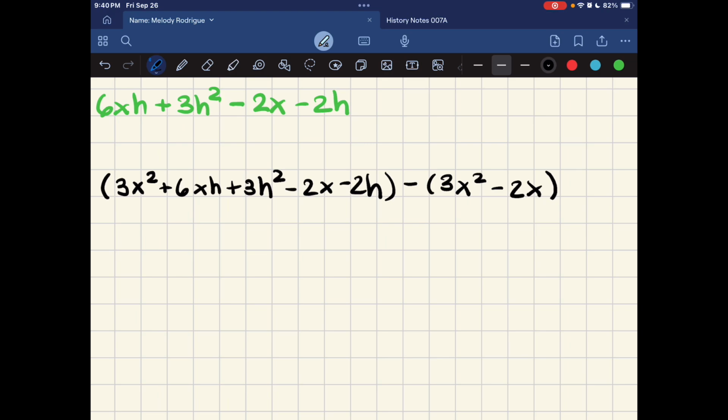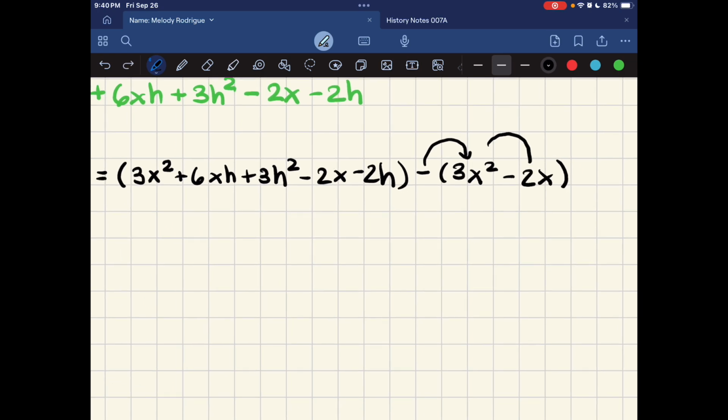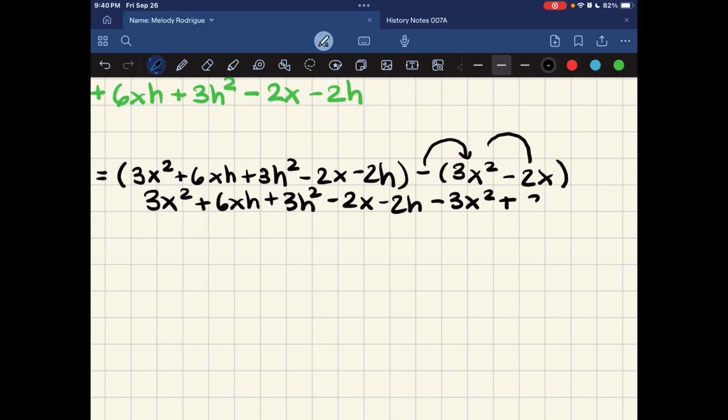So right here, we're just going to distribute this. We don't distribute the other equation since it's not in front of it. So we're going to rewrite this as 3x squared plus 6xh plus 3h squared minus 2x minus 2h minus 3x squared plus 2x, because a minus and a minus adds to a positive.